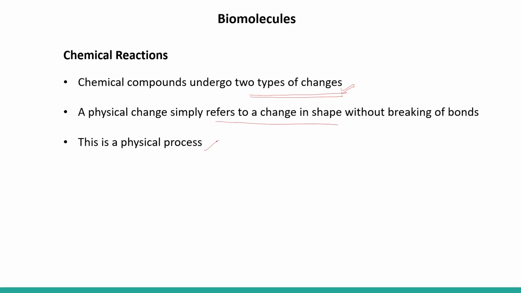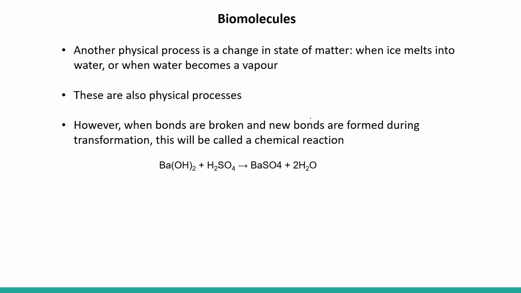We have already stated that there is no breaking of bonds in a physical change, so that is called a physical process. Another physical process is the change in the state of matter, when ice melts into water or water becomes vapor. This is just a change of state, so this is also a physical process.